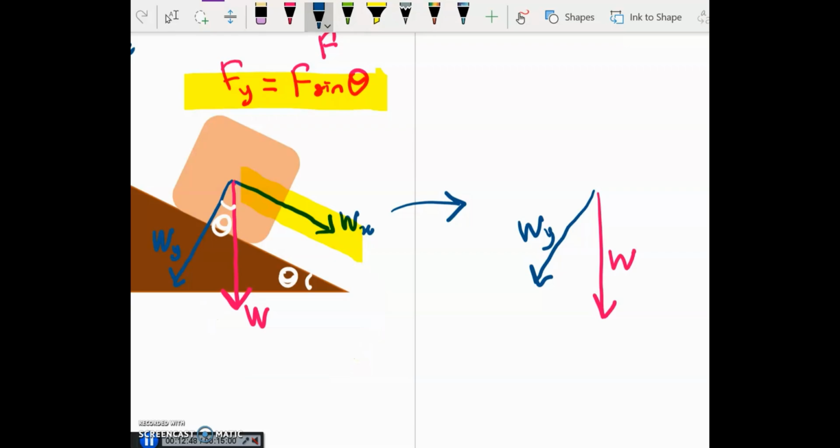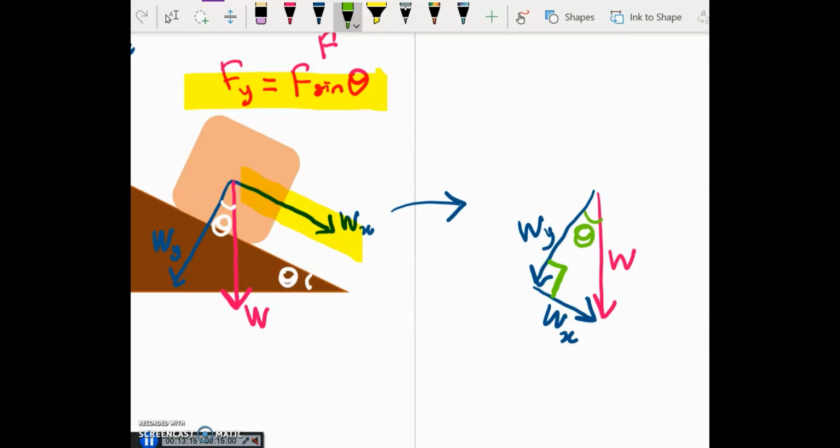Simply draw a line here which indicates Wx. Now you have a right angle triangle. This is 90 degrees between Wx and Wy. And there is your right angle triangle. Don't forget to label your theta as well.